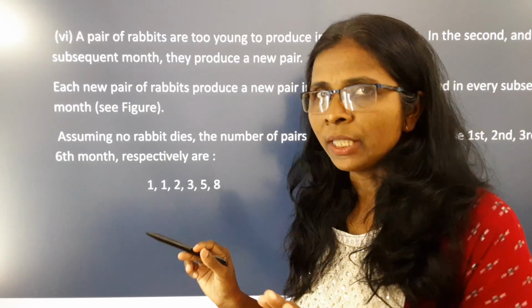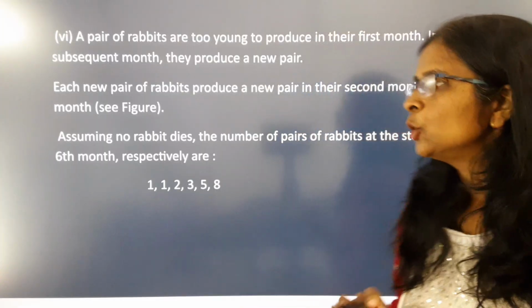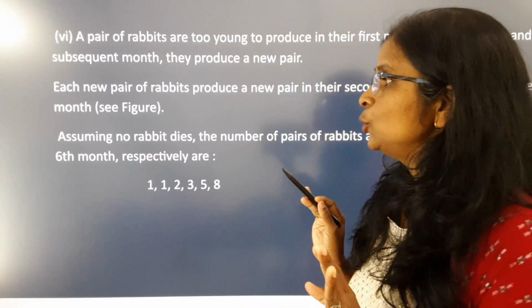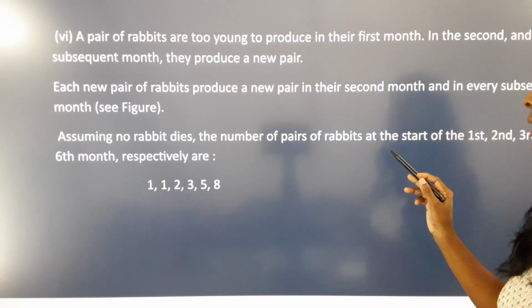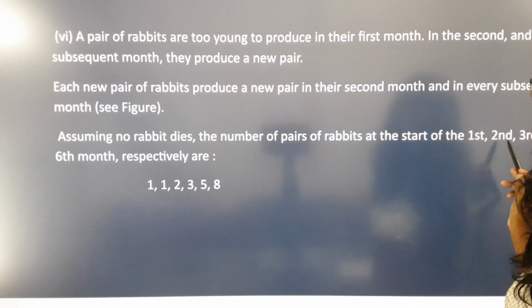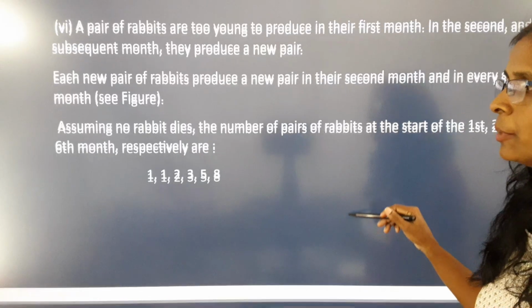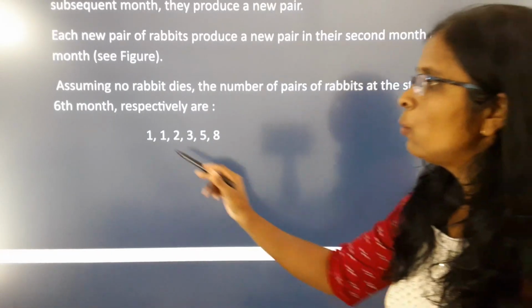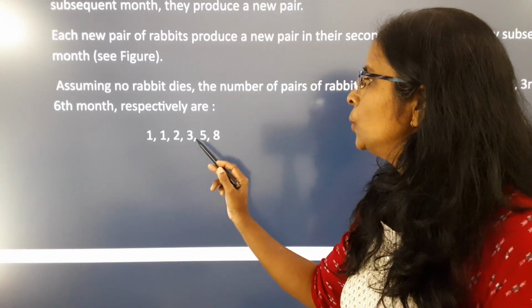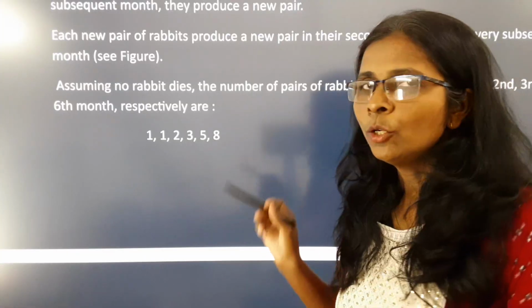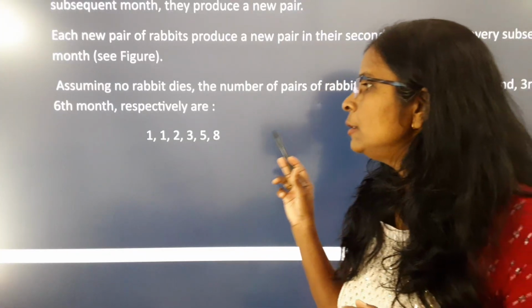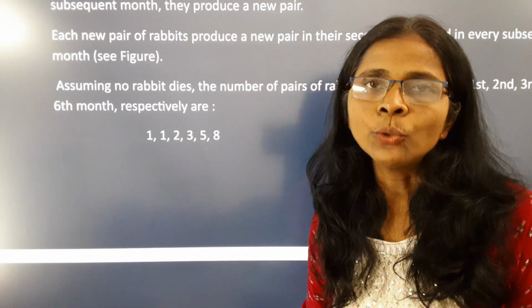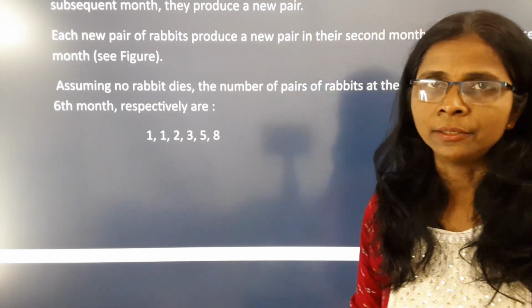Assuming that the rabbits do not die, the number of pairs of rabbits at the start of the first, second, third, up to sixth month respectively are 1, 1, 2, 3, 5, 8. If you observe carefully, this list of numbers also has a specific pattern.